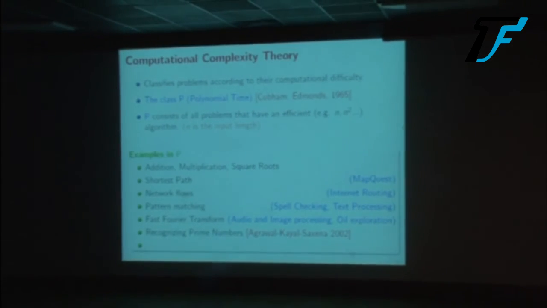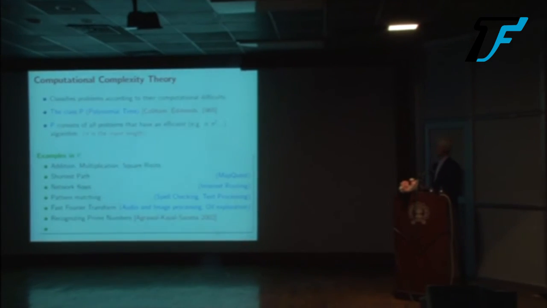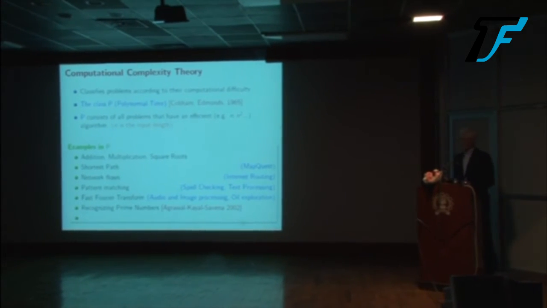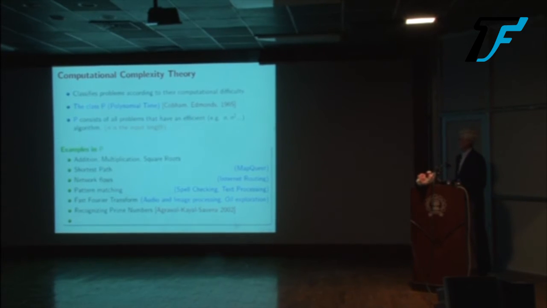And if there's an algorithm that can solve the problem using some fixed power of n, then the problem is in P. And so there are lots of examples that we mentioned of polytime problems: arithmetic problems, square roots, shortest path, matching, pattern matching, fast Fourier transform, and interestingly, recognizing prime numbers turns out to be in P.